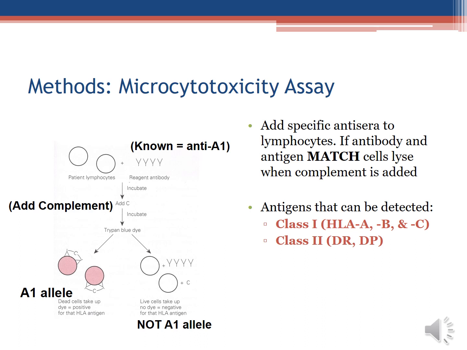Basically, we draw our patient's blood, and then we segregate the patient's lymphocytes, and then we add our known HLA antiserum, and if it binds to the patient's cells, then we know that they have that particular allele or HLA. And if we do not see any color reaction, then we know that they are not positive for that particular, in this instance, A1 HLA allele.